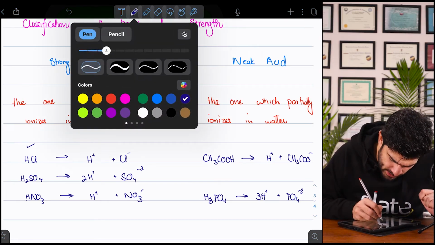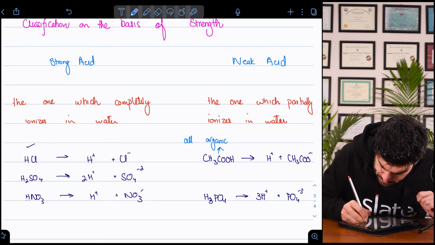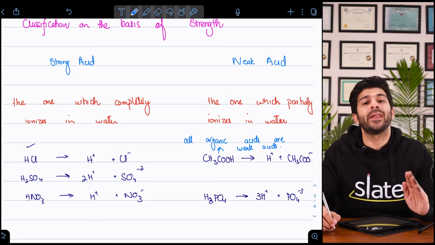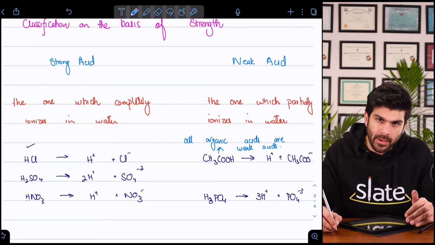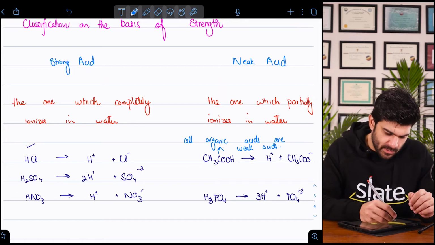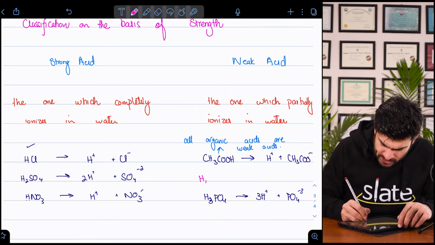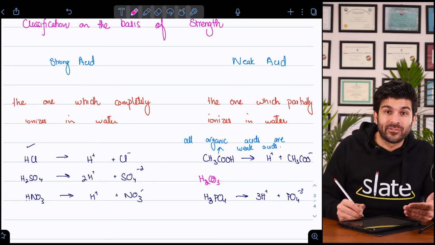One very important thing that I'm going to tell you now: all organic acids are weak acids. That you need to memorize. Just like H2SO4, we have H2CO3, the carbonic acid, the fizzy drinks.